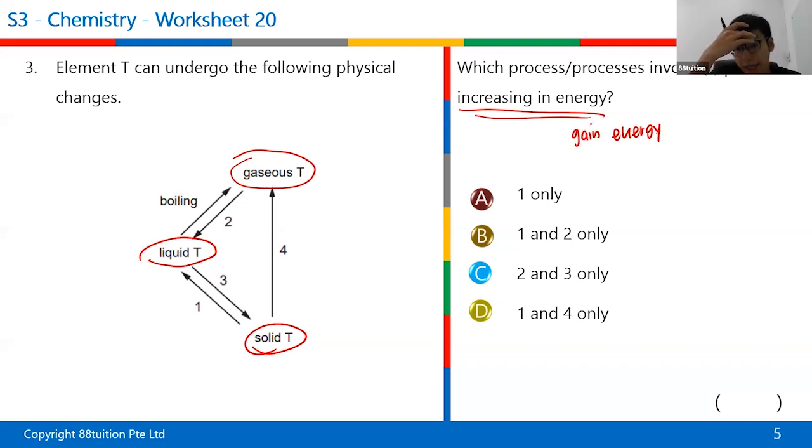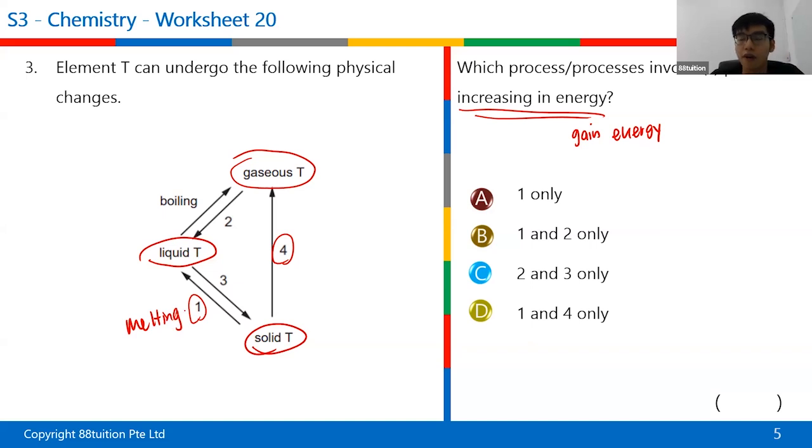When we're talking about state changes, which are the ones that require energy to occur? Chloe says D, 1 and 4. Good, I agree. Number one is our melting process. Your particles definitely need to gain energy to convert from solid to liquid state.